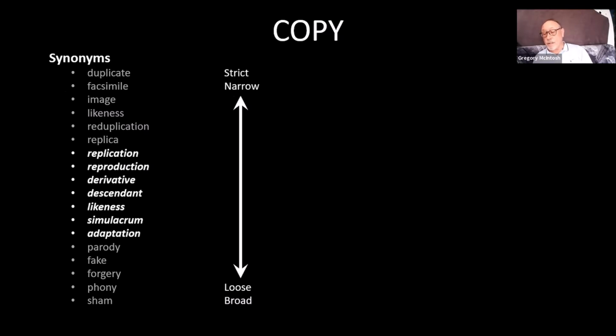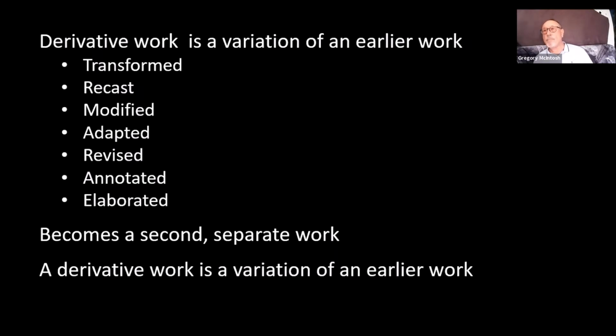But as we're talking about manuscript documents, I am using the word copy as something such as derivative or descendant. A derivative work is a variation of an earlier work, transformed, recast, modified. It's a second separate work, a variation of an earlier work.